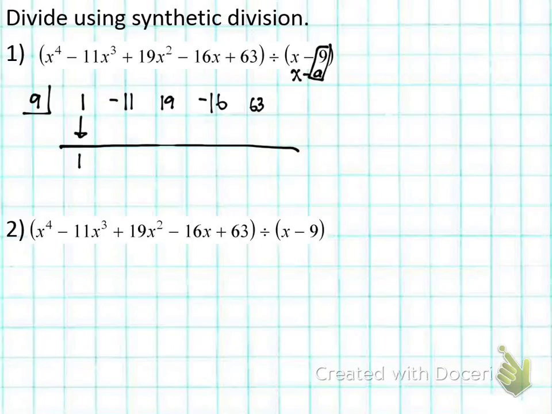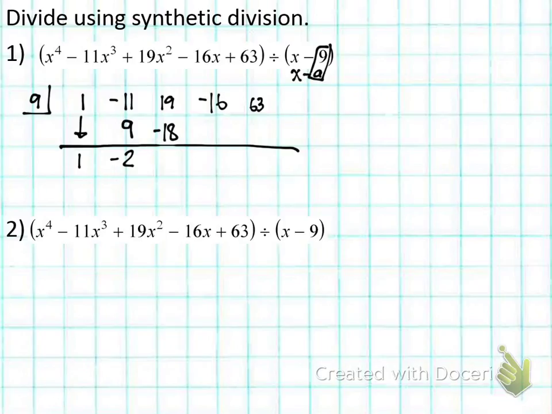1. Then we multiply. 1 times 9 is 9. So I'm going to write the 9 right here on the next spot. Then we add negative 11 plus 9 is negative 2. Then we multiply negative 2 times 9 is negative 18. So we write a negative 18 right there.